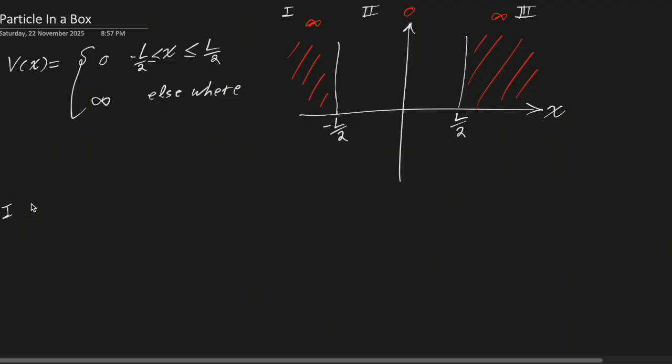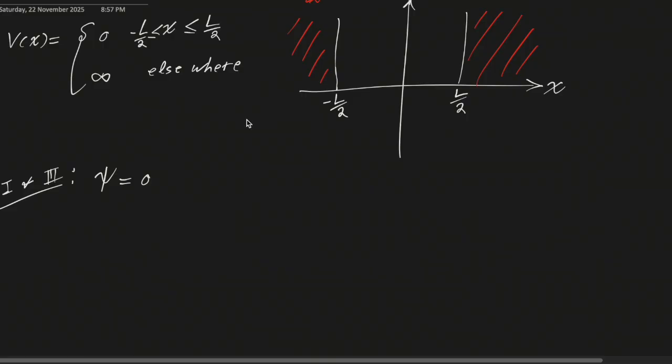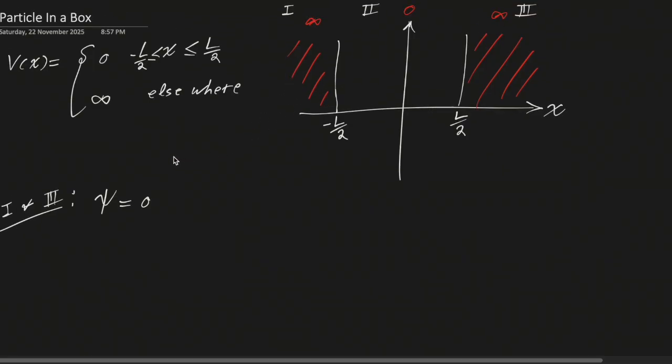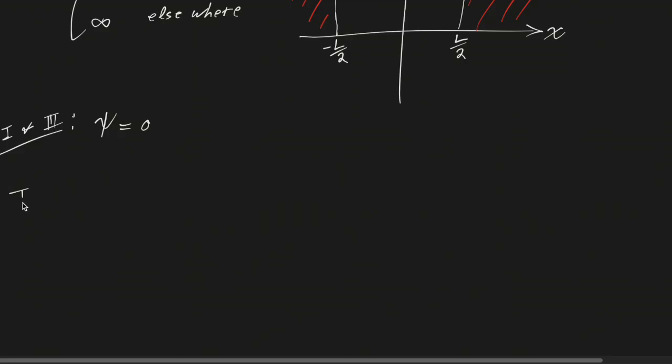In regions 1 and 3, for the same reasons discussed earlier, psi must equal 0 because the particle must have finite energy, and in this region the potential is infinite, so the energy will be infinite if it were to exist within that region. So we limit our study to region 2, which is within the box.